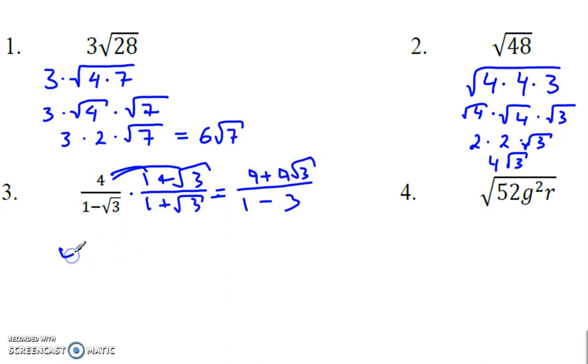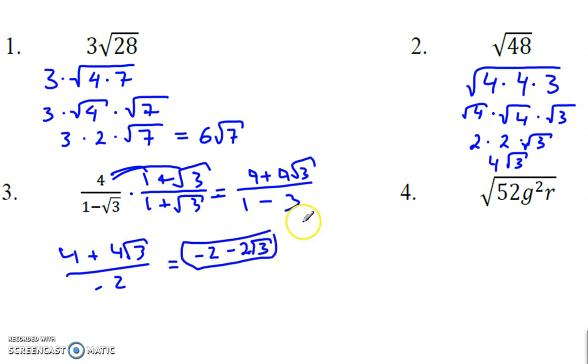So that gives us 4 plus 4 radical 3 over negative 2. We can simplify. 4 divided by negative 2 is negative 2, and 4 divided by negative 2 is negative 2 times radical 3. And there's our answer.